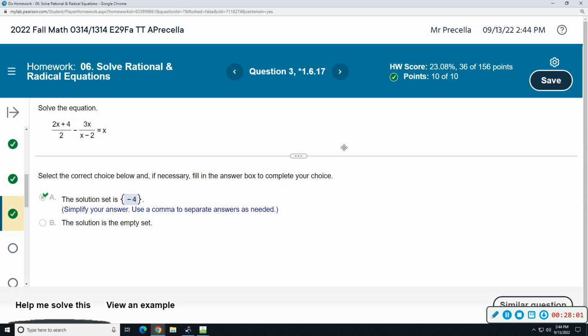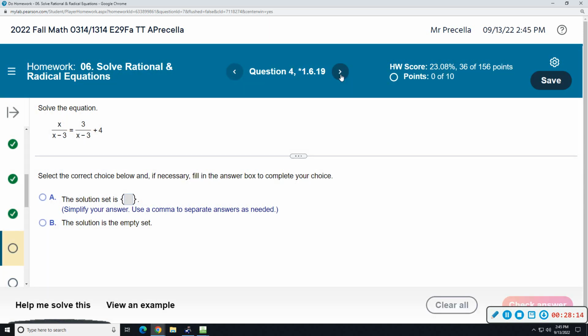I think the next problem isn't quite that messy. Yes, you're right. So you have a 6x, negative 3. Make sure that you didn't miscopy the problem. It's too small to see.